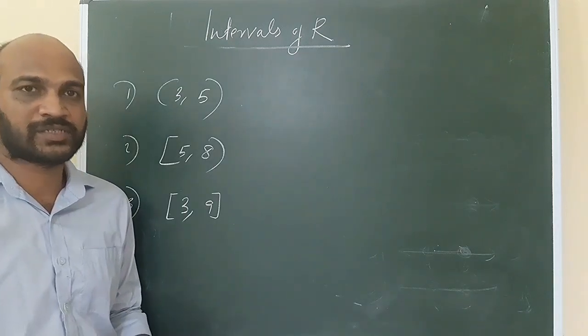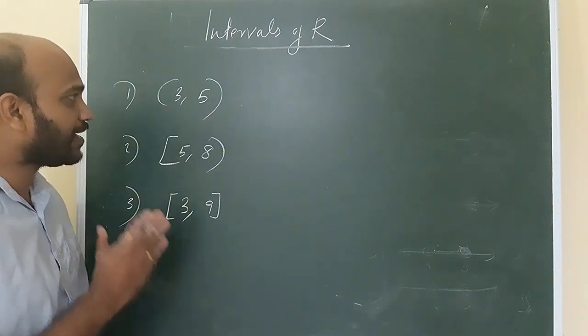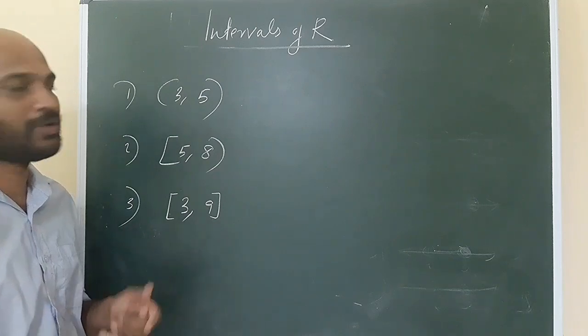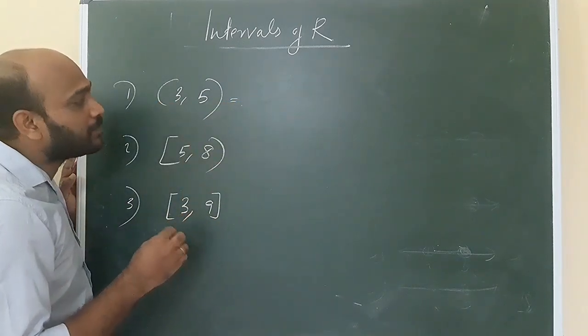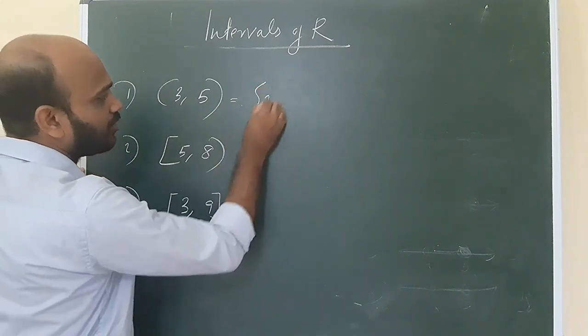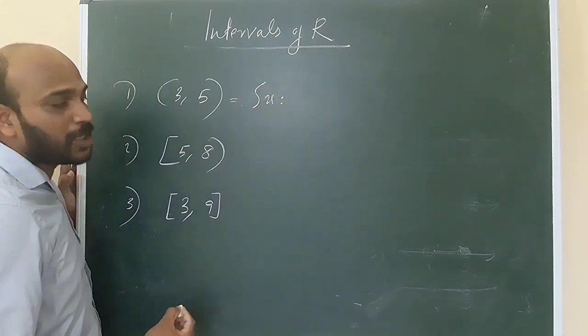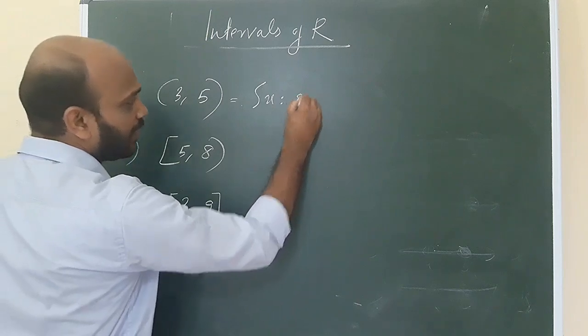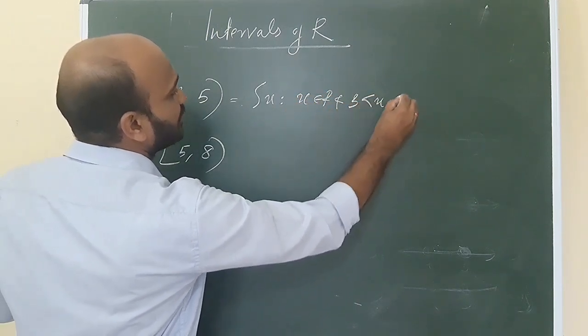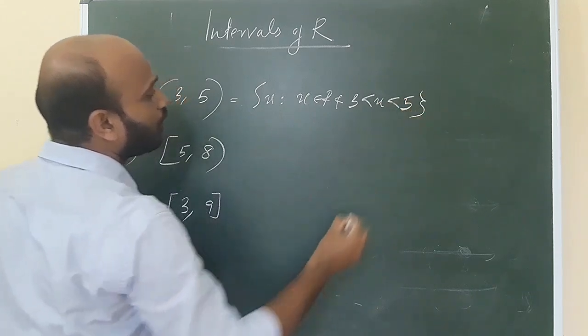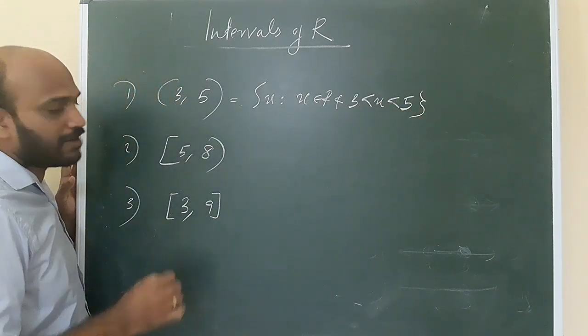Now we can do some questions. Write the following intervals in set builder form. So (3, 5) is the open interval from 3 to 5. The set of all x, all real numbers between 3 and 5. Right? x belongs to R and 3 is less than x less than 5.